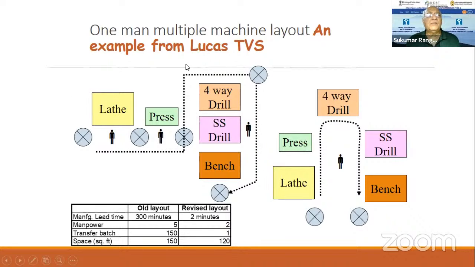Here he has given an example of Lucas TVS of one-man multiple machine layout. See, this is something which is most desirable. Multi-skilling of manpower. Any process which you do, if you are able to ensure that your employees are able to do more than one job, or sometimes even all the jobs, there is nothing like it.